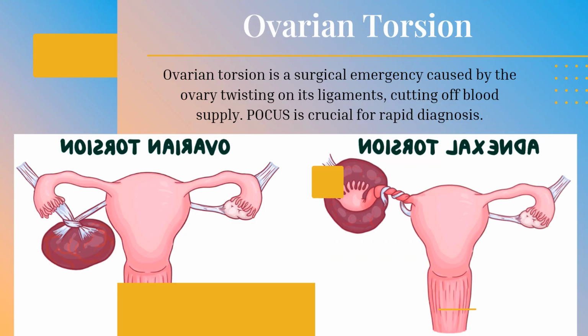Sometimes when you have large masses and cysts, you can get ovarian torsion, which is a medical emergency. The blood flow is being cut off to the ovary and fallopian tube based on how it's twisted. It causes extreme pain and needs to be evaluated immediately.